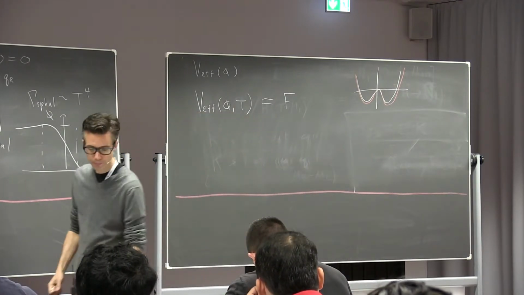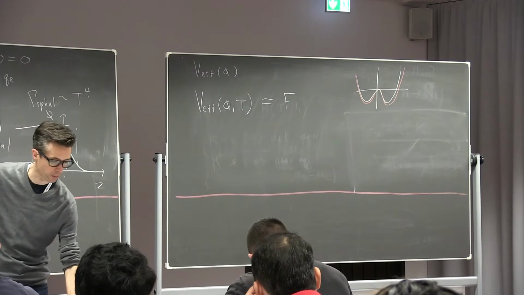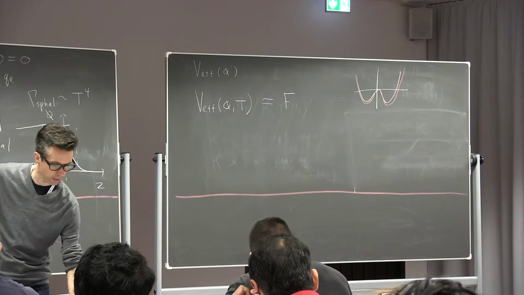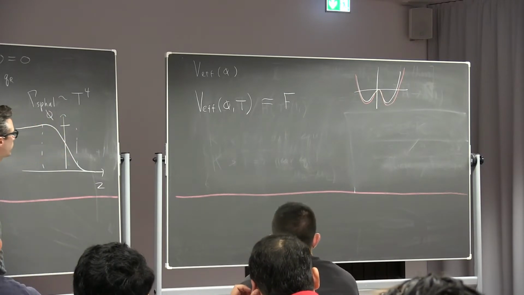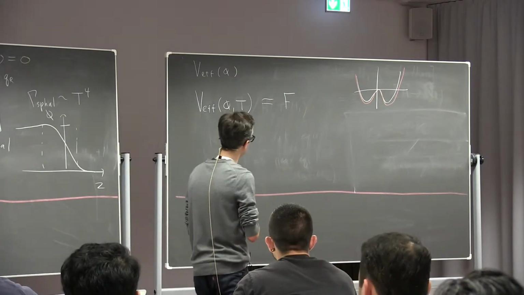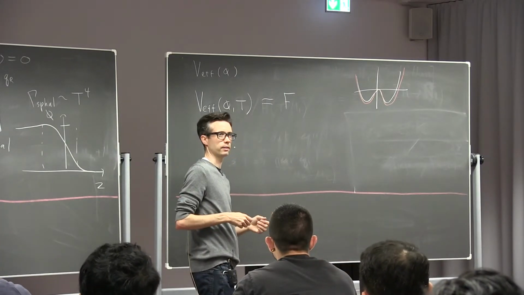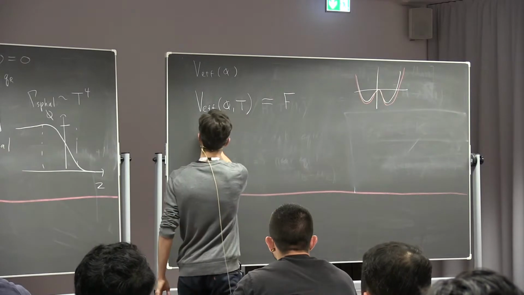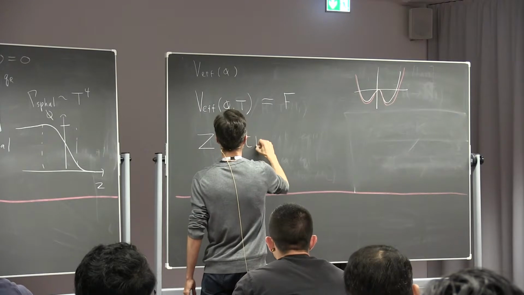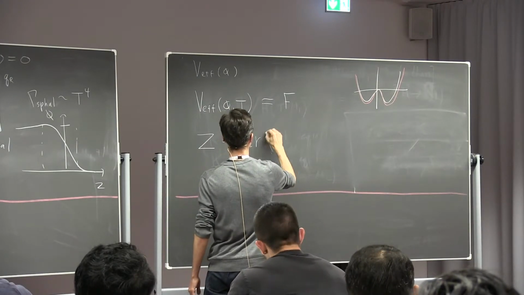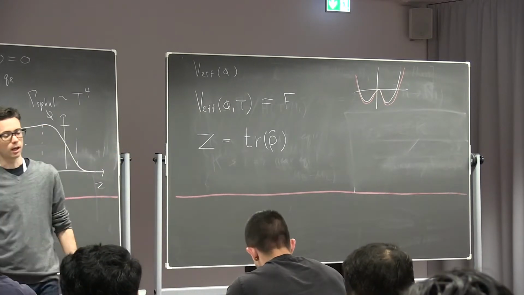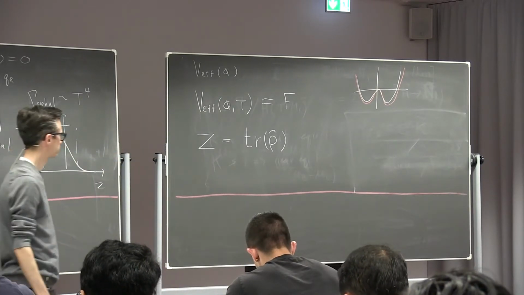Okay, so to take into account thermal corrections, we're just going to take our quantum mechanical field system and plug it into regular old statistical mechanics. Recall that for a quantum mechanical system, you have a partition function that corresponds to a trace over all quantum states of an effective density operator.